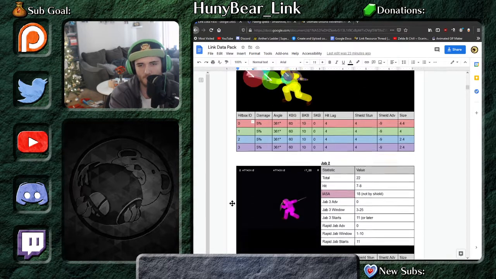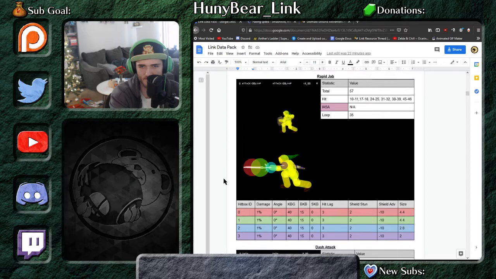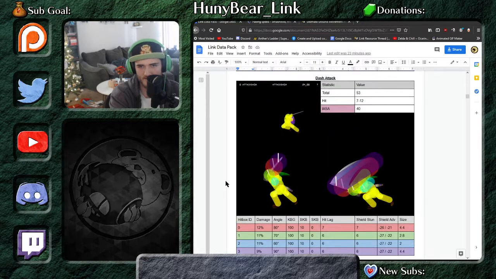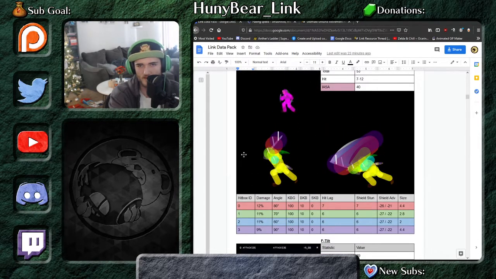Now that doesn't sound that important when you look at the hitbox here, because these are all kind of the same. But when you look at something with, I don't know, a tipper hit, like over here, you're going to see that the purple hitbox is ID 3, and that's the weakest one. It only does 9%, and that means it's going to knock down at a lot later percent, as opposed to ID 0, which is the center hit, and that does 12%.